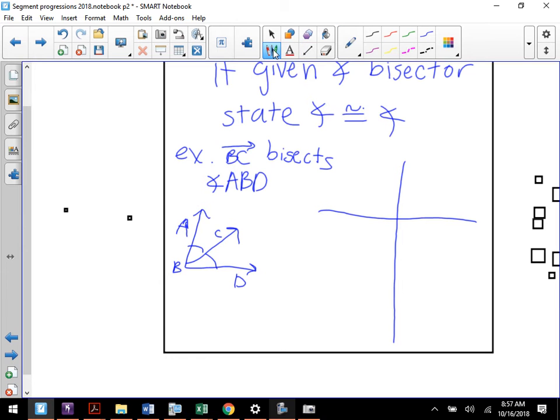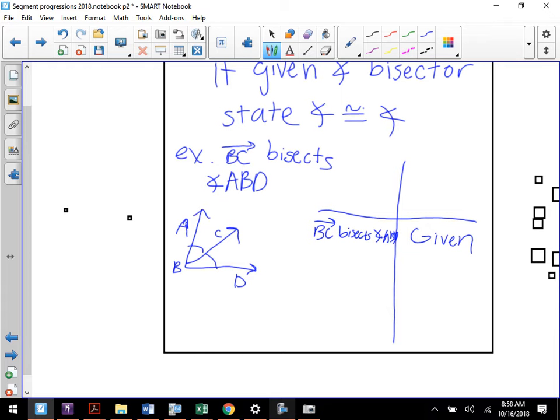So BC bisects angle ABD. And that's your given. So then using that given, your statement would then be that angle ABC is congruent to angle CBD.